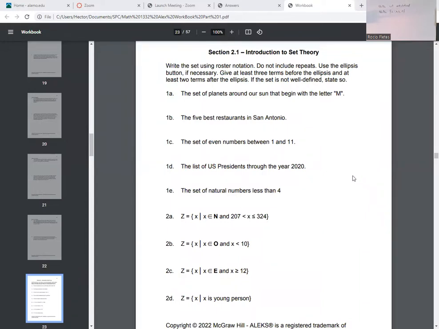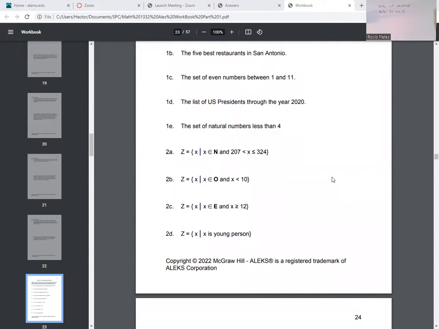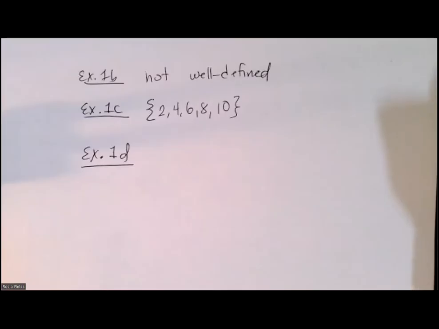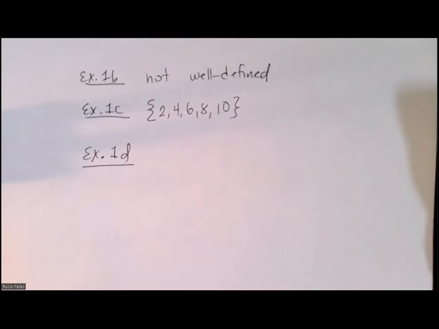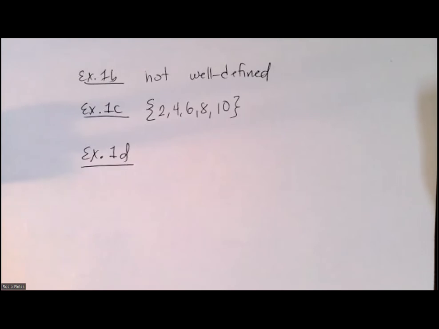Okay, now you get the idea, right? So the list of US presidents through the year 2020. This is an example of a set where we can still use a roster method, but we're not going to list every single president, right? So there's a way you can do this.